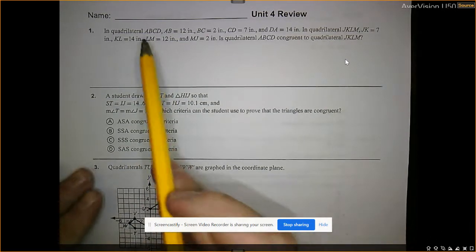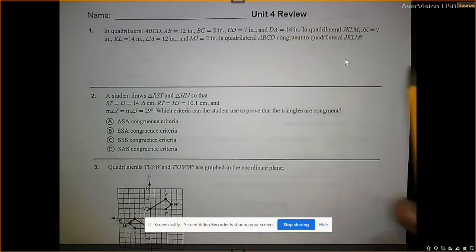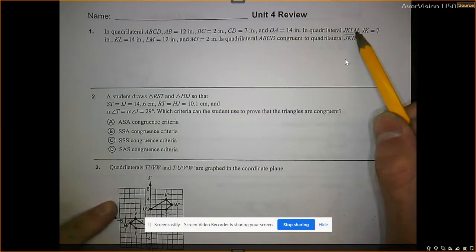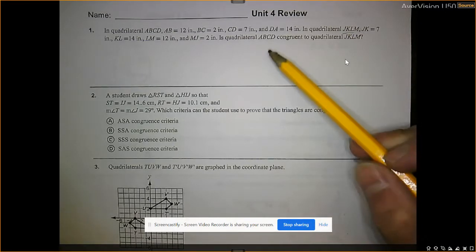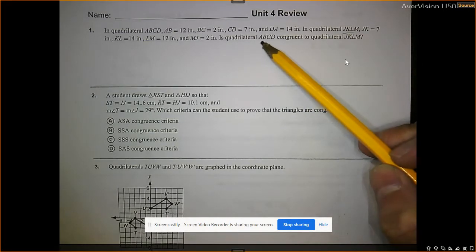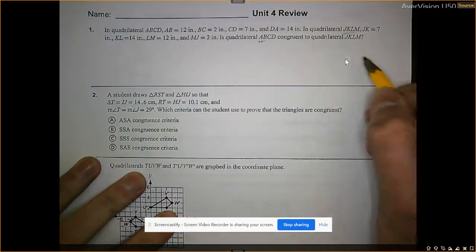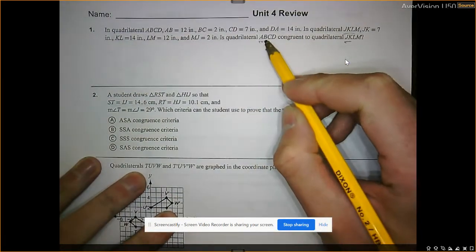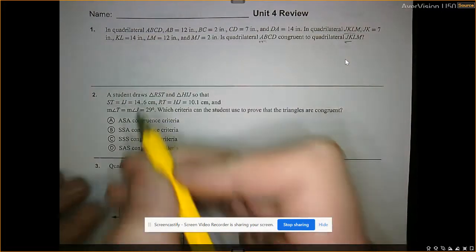Okay, right away we have quadrilateral ABCD. It tells us side lengths. Then we have quadrilateral JKLM, tells us side lengths, and so on. But it's asking, are they congruent? If they're congruent, remember side AB should go with JK, BC should go with KL, CD with LM, and so on. So let's just take a look.